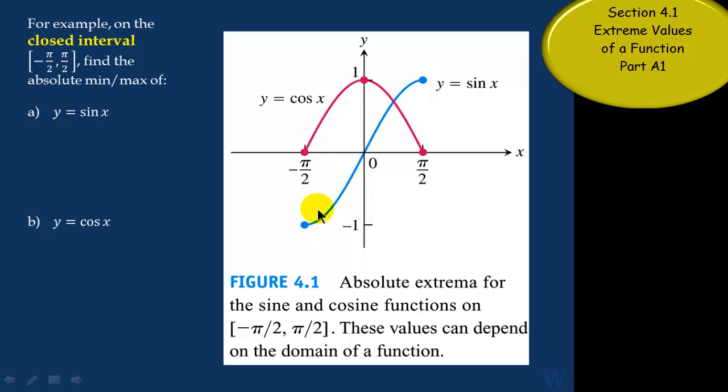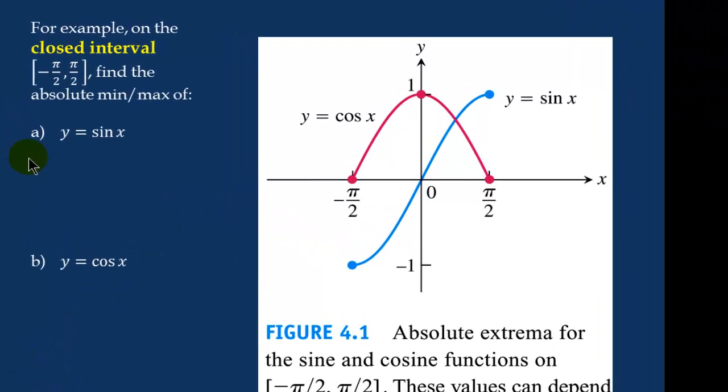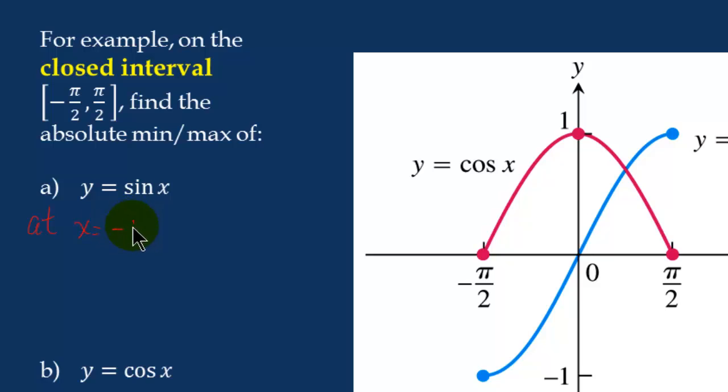So obviously, from the graph, we can see that at x equal to minus pi over 2, the sine of minus pi over 2 is -1. And that is the absolute minimum of the function y equal to sine x on the interval from minus pi over 2 to pi over 2.